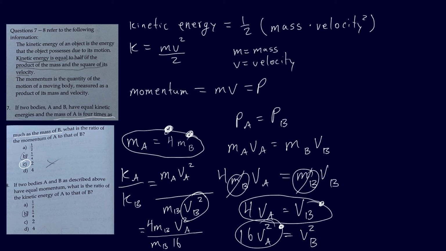So 16 v a squared. Okay, and now we can start crossing out factors that appear in both the numerator and the denominator. So the mass of object B, that can be cancelled out. The velocity squared, that can be cancelled out because it's the velocity of object A squared. And now we have 4 over 16, which is equal to 1/4. And that is the answer for this one, 8B.